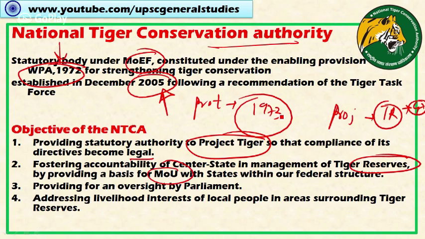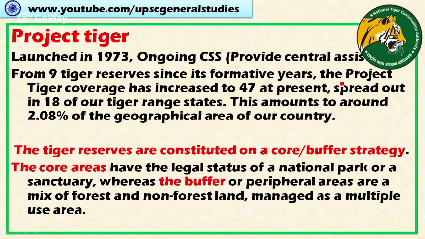It provides oversight by the parliament because it is a statutory authority, and it addresses the livelihood interest of the local people in areas surrounding the tiger reserve. So if any person dies or any mishap happens, those persons will be compensated by the National Tiger Conservation Authority, and precautions will be taken to prevent it from happening further. This is about the Conservation Authority.